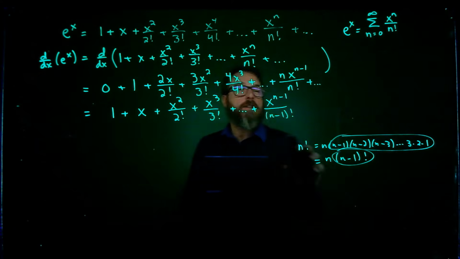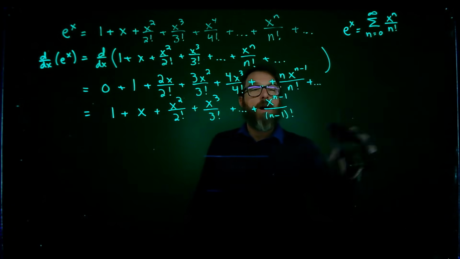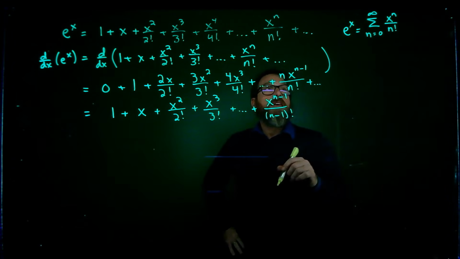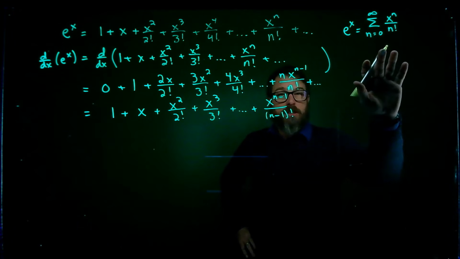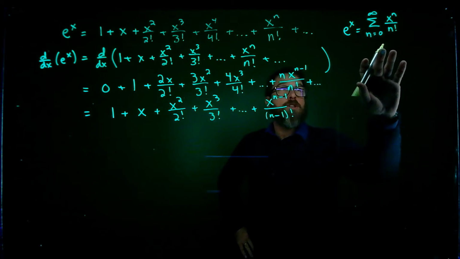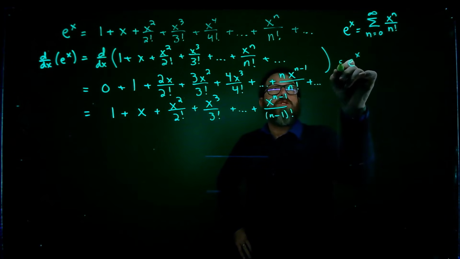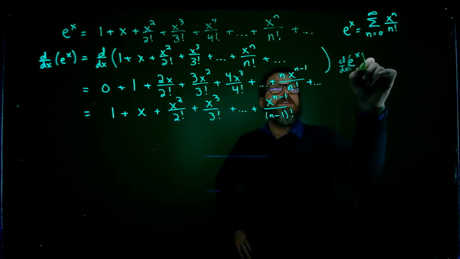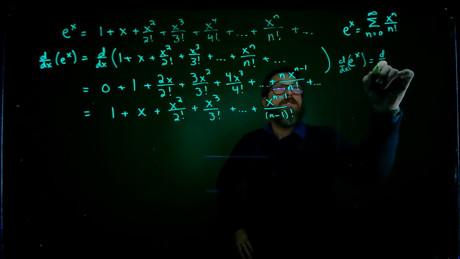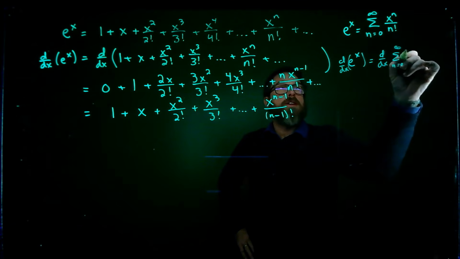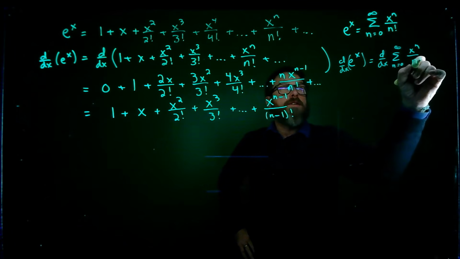So our goal really is to talk about this in summation notation. Sorry, we're not integrating, but taking its derivative. So the derivative with respect to x of e to the x is going to be equal to the derivative with respect to x of this summation from n equals 0 to infinity of x to the n all over n factorial.